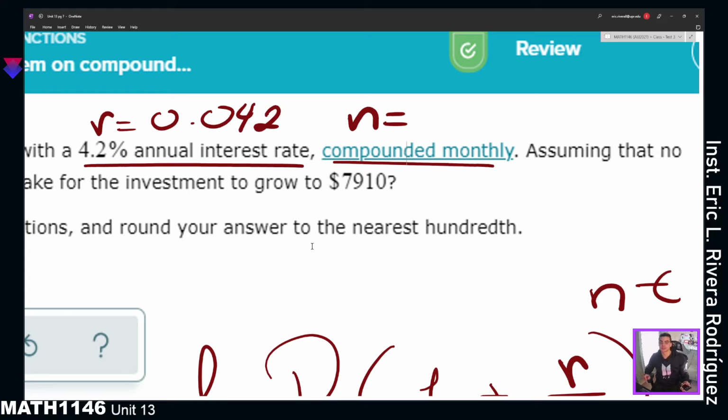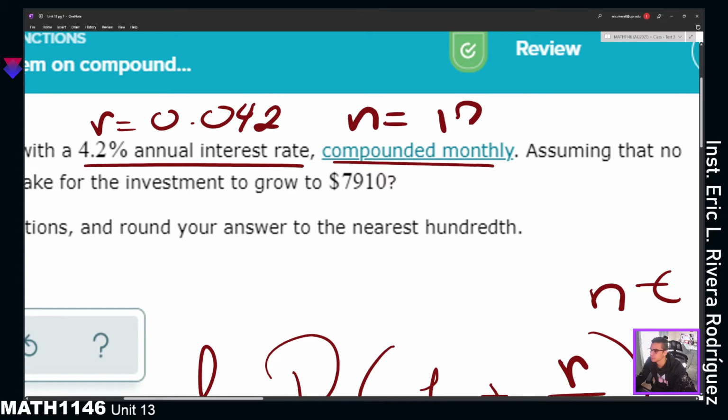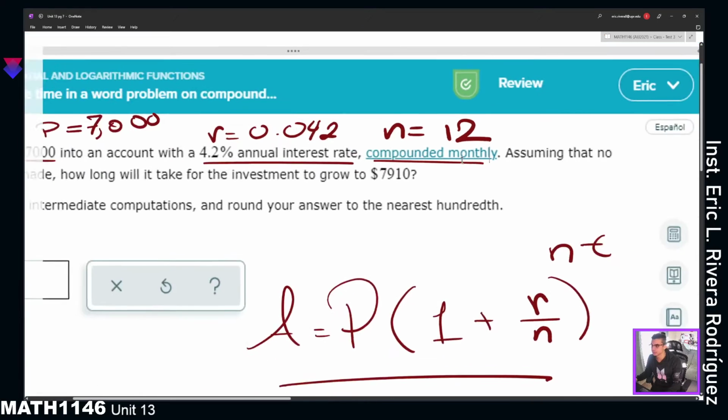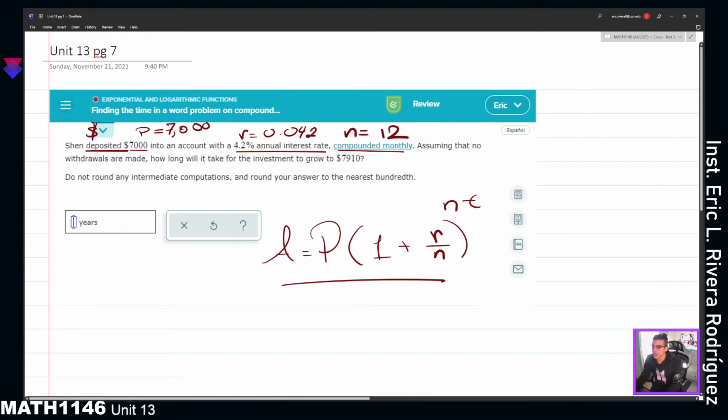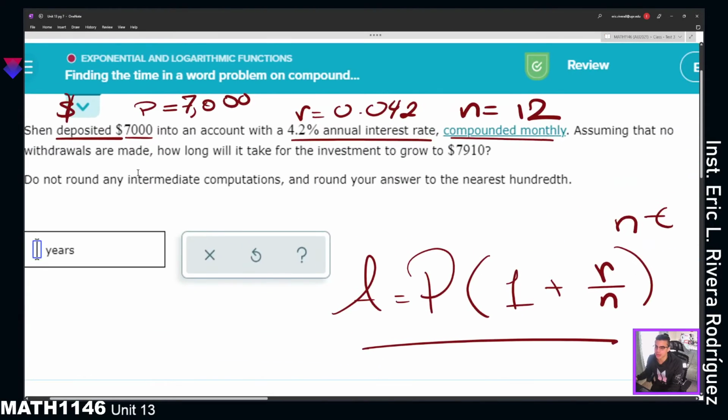Excuse me, it is 12. Now the question is about time, so the unknown variable is going to be t. How long will it take for this amount to grow to 7,910? So that is the future value.